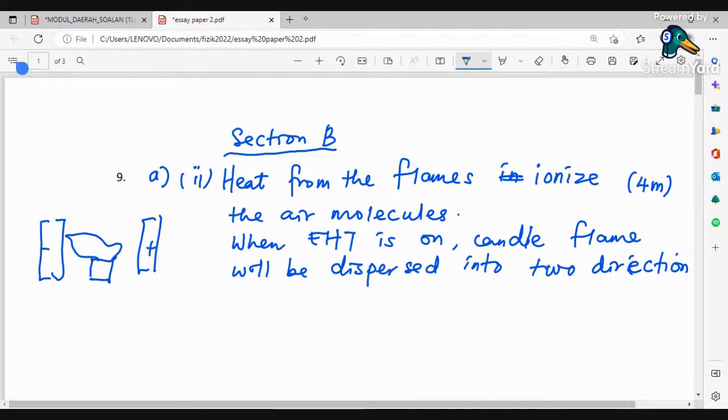You can see the positive ions and negative ions are the same number. Let's say here got 3, here also got 3, showing they have the same number of ions. The negative ions will be attracted to the positive plate. But this is not symmetrical. Larger portion attracted to negative, smaller portion attracted to positive.